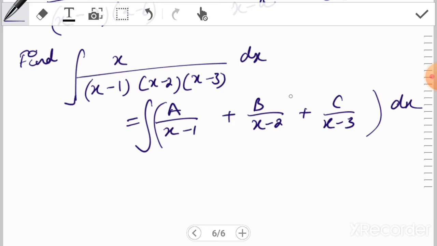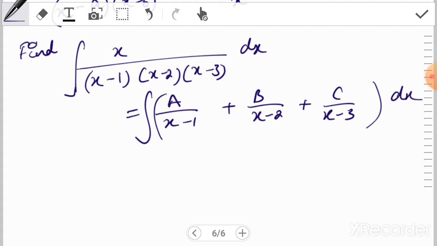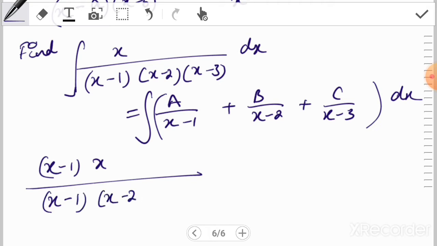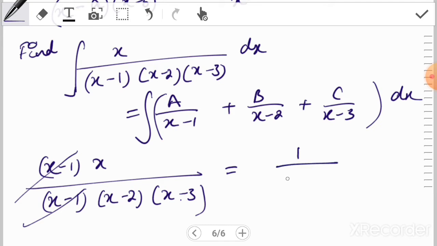So we have to find A, B and C. To find A, multiply by (x minus 1) and put x equal to 1 in the original fraction. (x minus 1) gets cancelled. So 1 by (minus 1) and (minus 2), so plus 2. So 1 by 2. A is equal to plus 1 by 2.